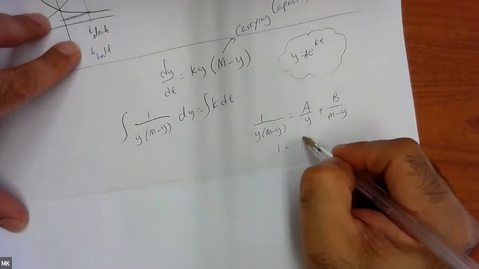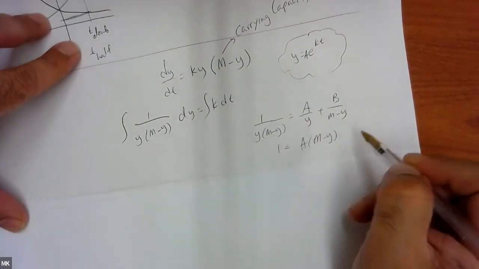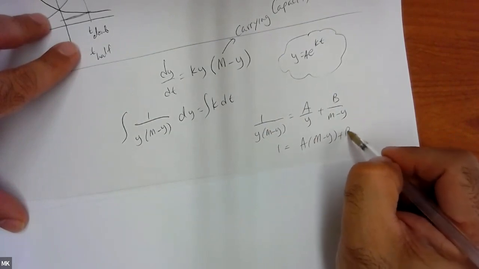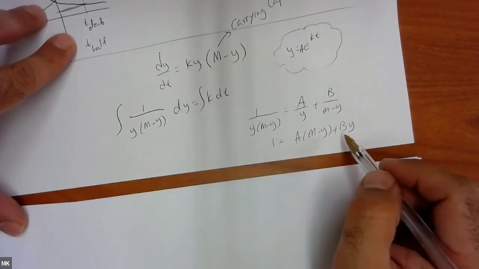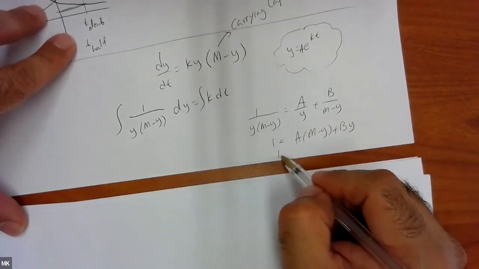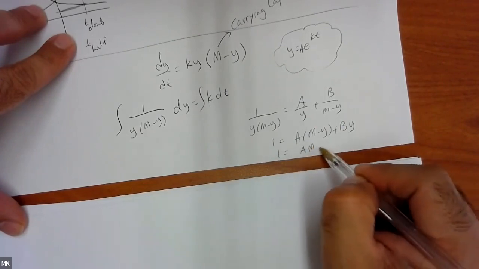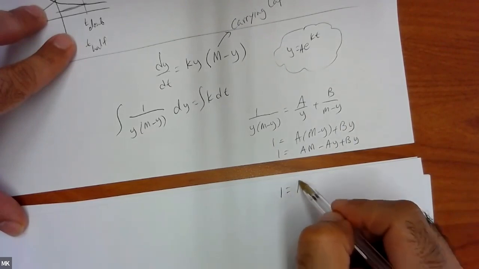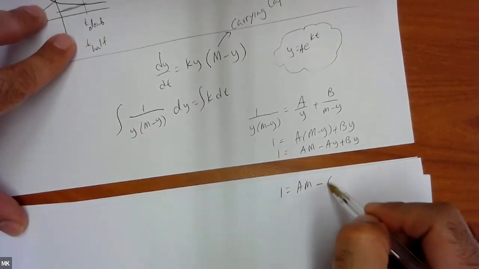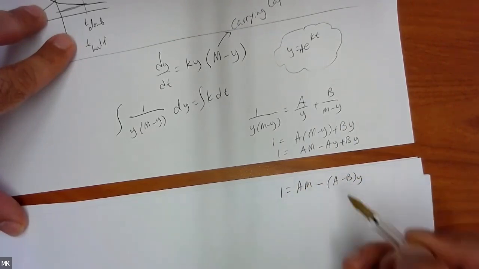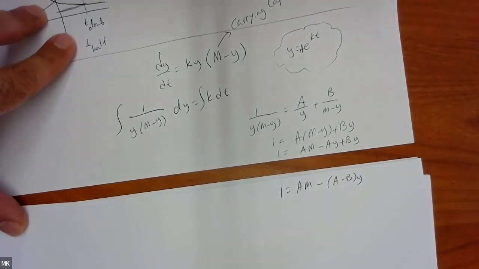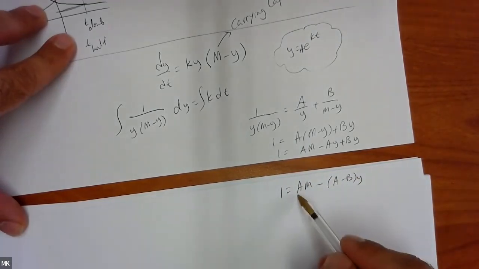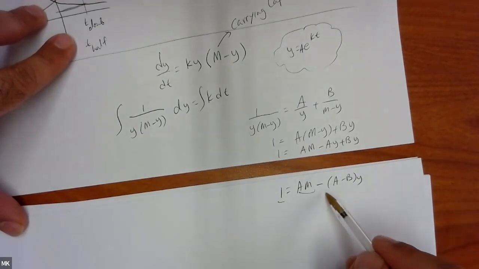which means 1 is equal to a(m minus y), again remember you treat m as a constant, plus by, which means 1 is equal to am minus ay plus by. 1 is equal to am plus (b minus a)y. So am would have to be 1 and b minus a would have to be 0.